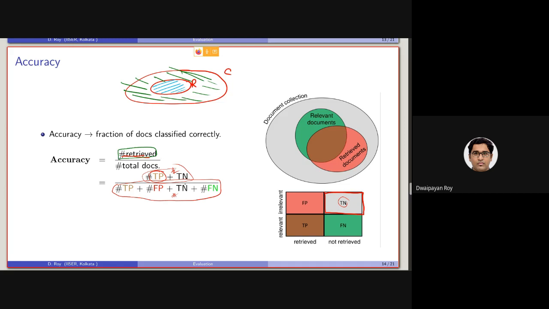So it will be the number of true negatives. So basically this entire portion, which is considered as not retrieved, and also is actually not relevant.